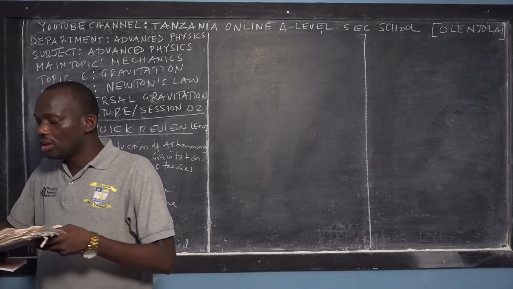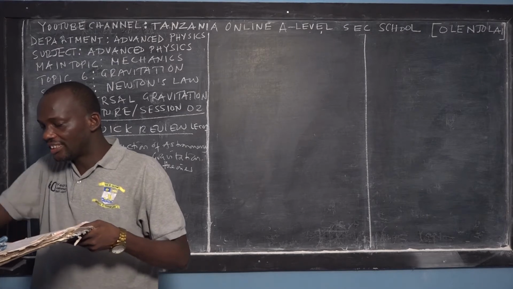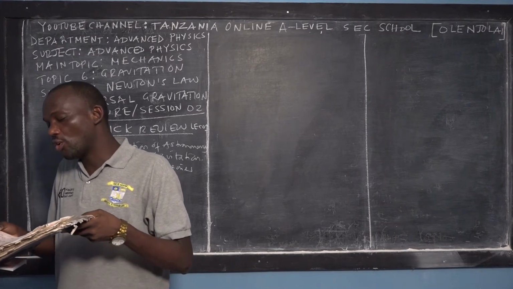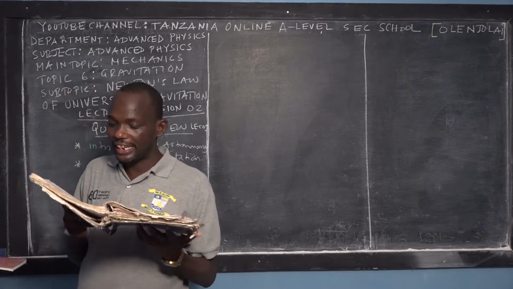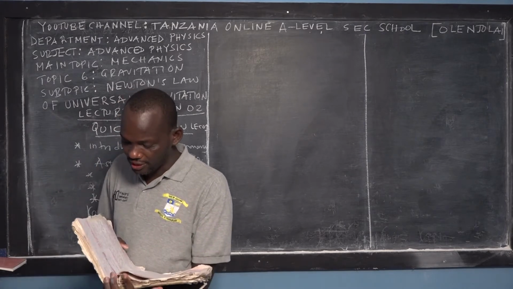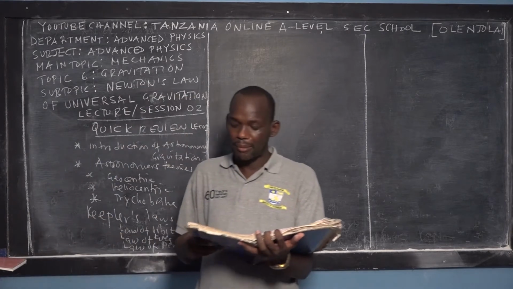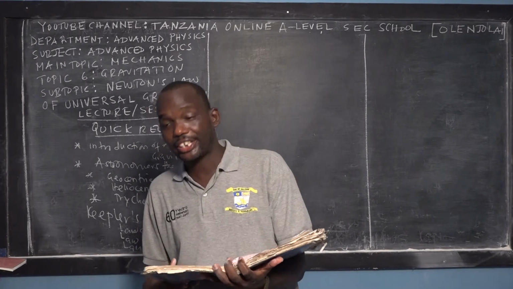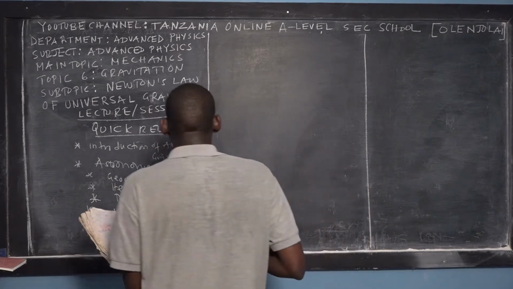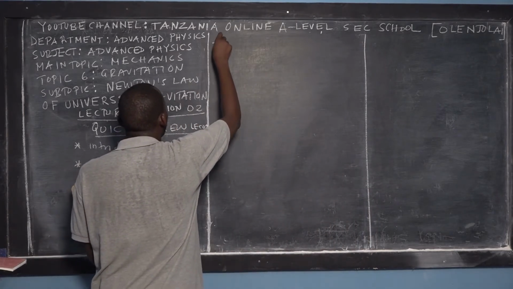So Newton was the second, or we can say the next physicist who did experiments observing the universe after Kepler. So I would like just to link this lecture with the first lecture.